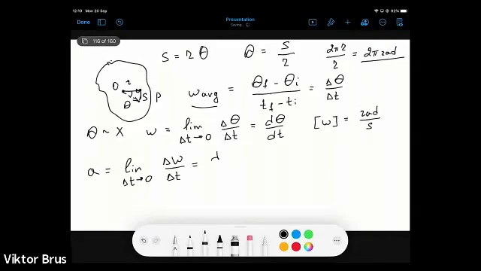That is the first derivative of angular velocity over time, or the second derivative of angle theta over time. So this is the definition of angular acceleration.